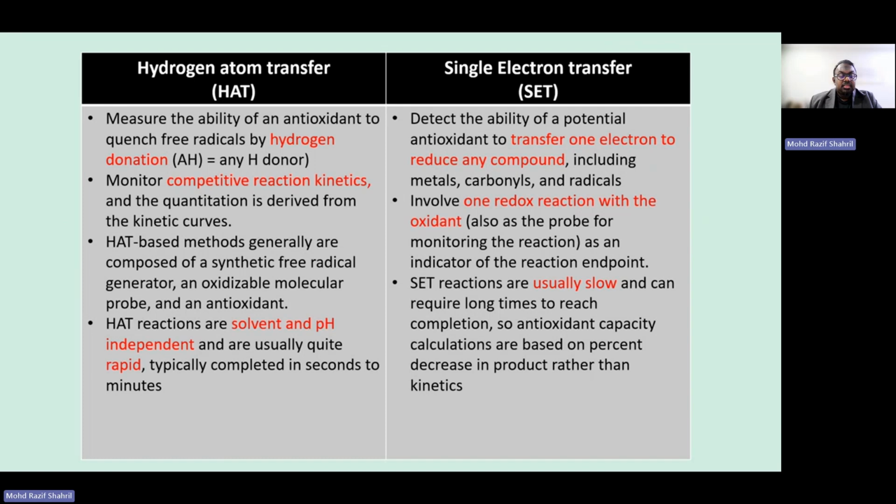So the SET methods involve a single redox reaction where the oxidant acts as an indicator of the reaction endpoint. Unlike HAT, SET reactions are usually quite slow and can require longer time to reach completion. Because of this, calculations for SET antioxidant capacity are based on the percent decrease in the product rather than kinetic curves.